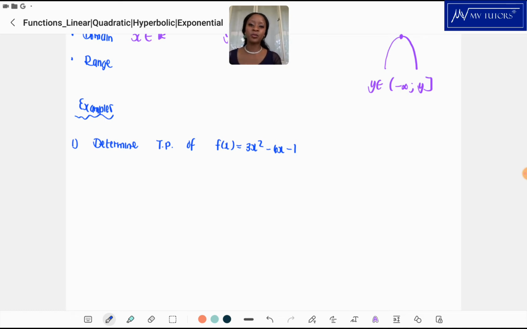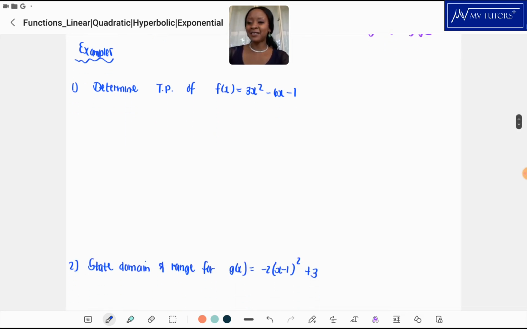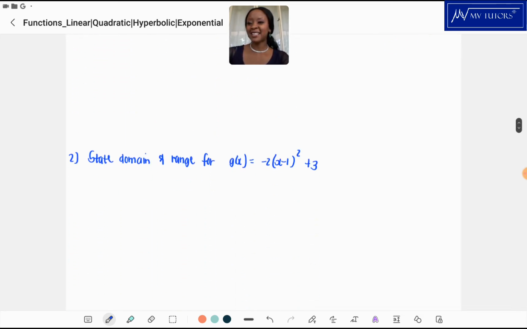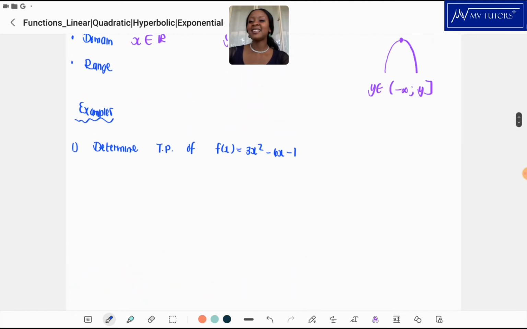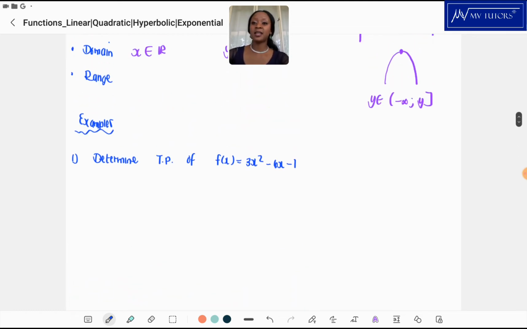You have this formula where you can get the x-coordinate of the turning point, and after getting the x-coordinate of the turning point, you can then substitute it in the function, in the equation, and then get the y-coordinate. Another way of getting the turning point, well, you can complete the square. So let's see, did I leave enough space? Okay. Let me try doing both ways, so that I can at least remind you of how to complete the square.